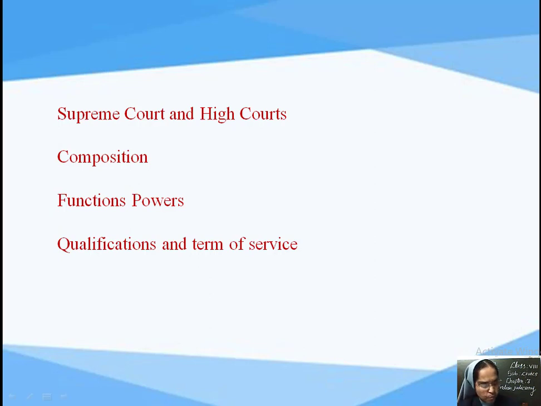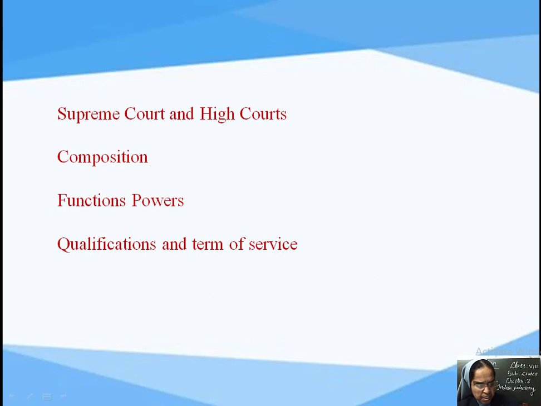Qualifications and term of service. Supreme Court Judge and High Court Judge. The qualifications of a Supreme Court Judge: must be a citizen of India and a High Court advocate for at least 10 years or a High Court judge for at least 5 years or a distinguished jurist in the President's opinion.